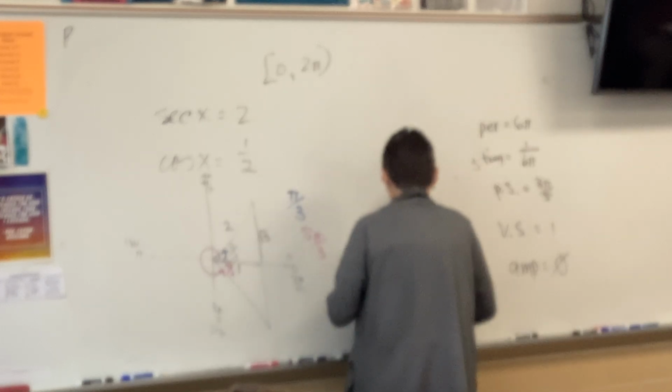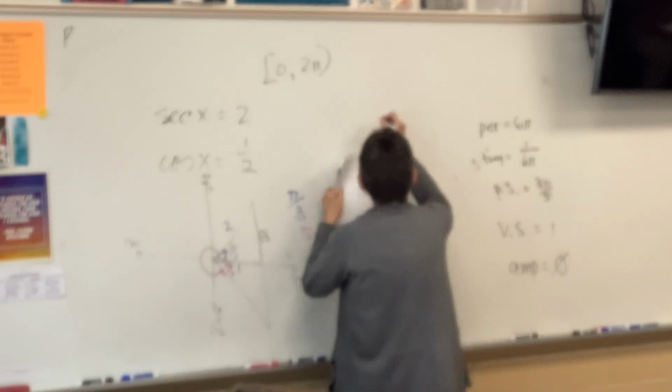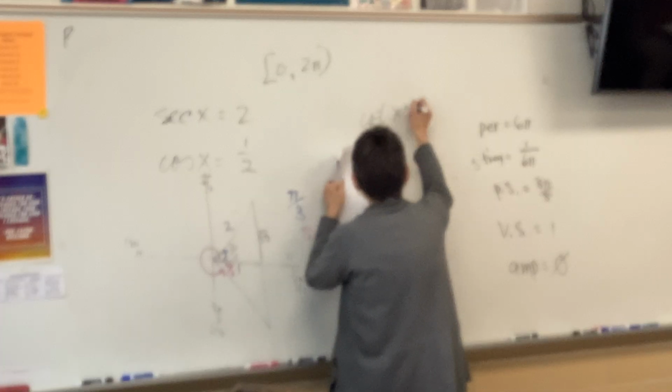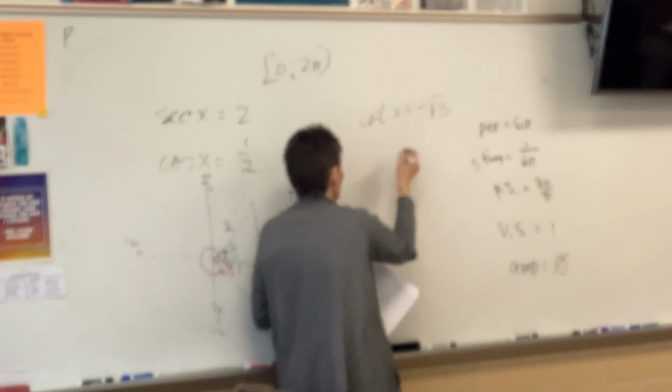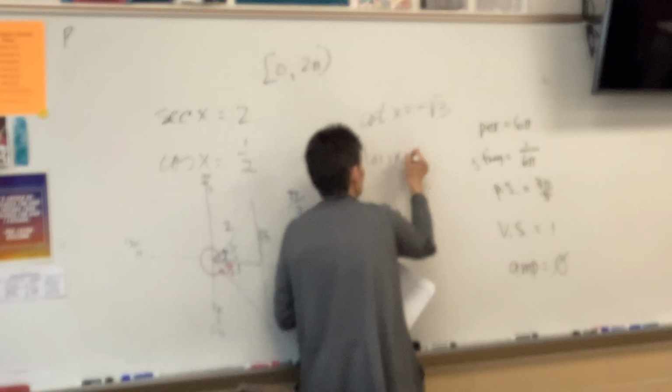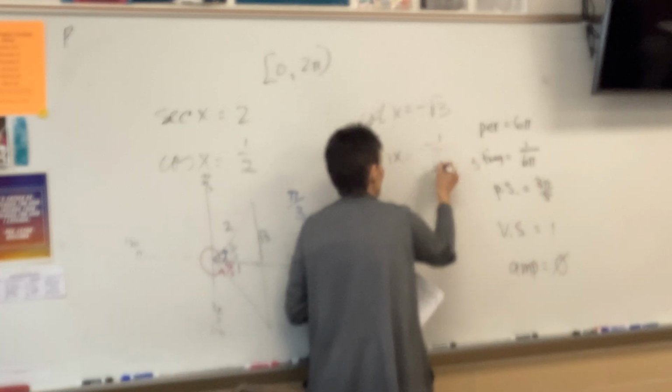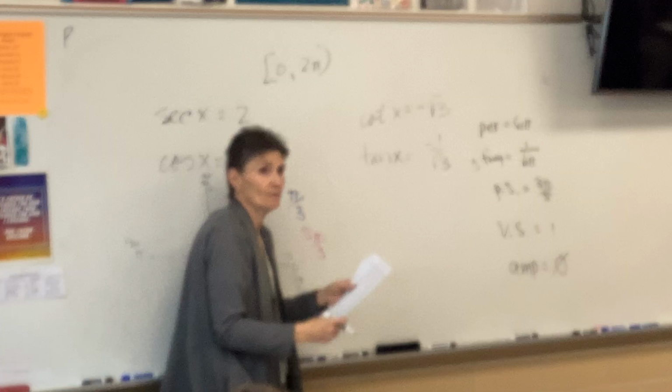All right, let's see if we can fight through the next one. The cotangent is negative root 3. All right, I'm going to rewrite that. Tangent is negative 1 over root 3. Does that make sense to you?